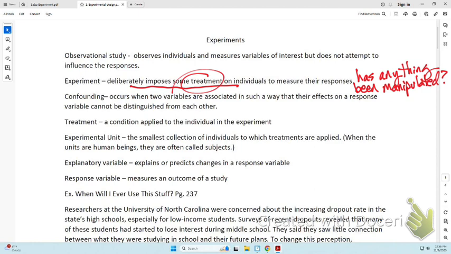Confounding, that's when there's an extraneous variable not of interest that possibly has an effect on the response.